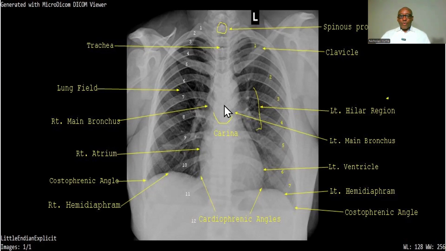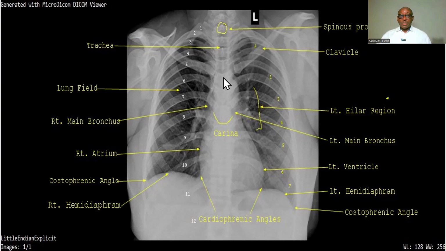If we go further, we know the posterior part of the thorax is made up of thoracic vertebrae, which are indicated here. These are thoracic vertebrae. They are opacified, and they are bones because they contain calcium. However, there are lucencies between the vertebrae, and those are disc spaces.